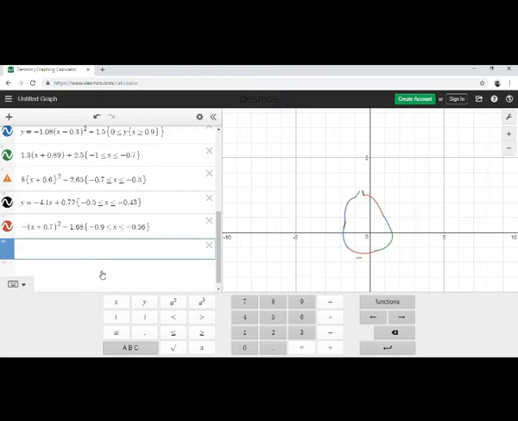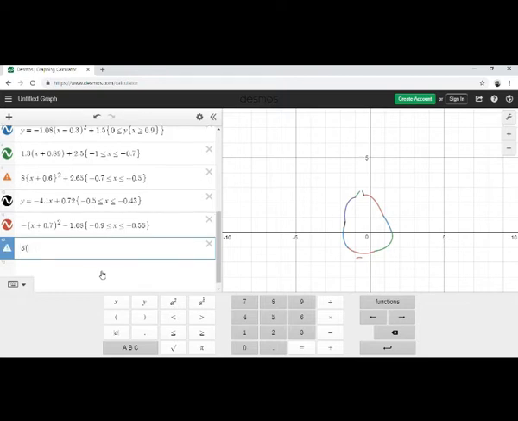3 times (x + 0.7) − 1.68, with −0.7 ≤ x ≤ −0.61.